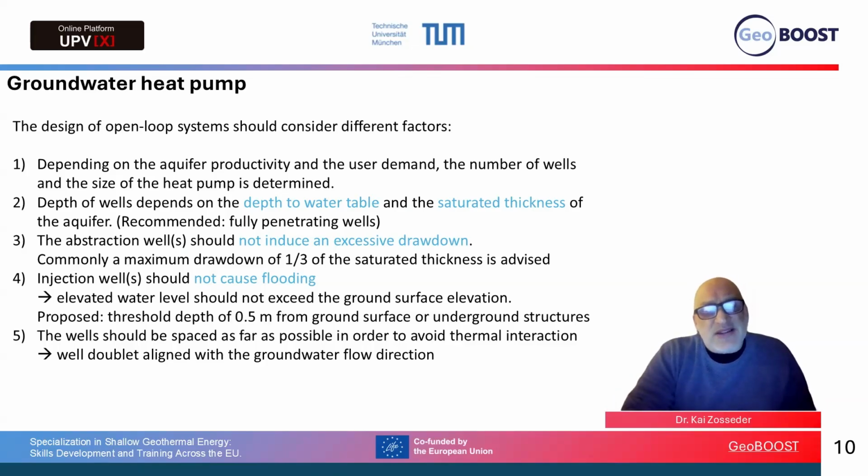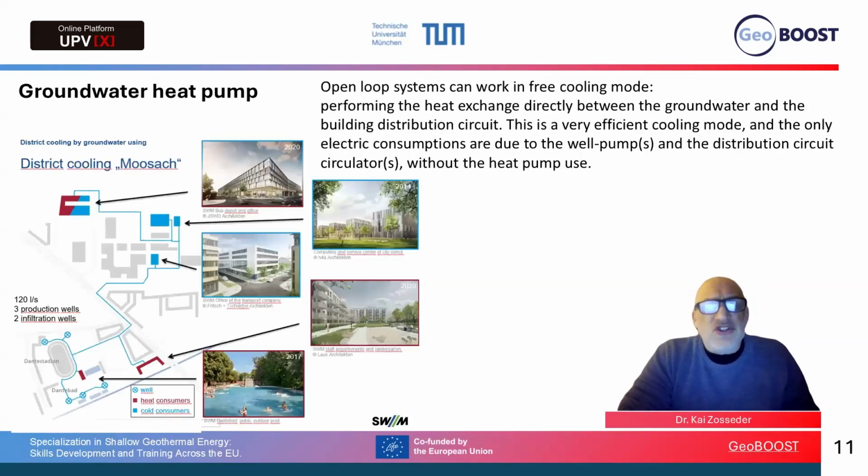And as I said before, the wells should be spaced as far apart as possible in order to avoid thermal interactions, so thermal recycling. Normally, if you have a large distance between production and injection, you can use the whole productivity of the aquifer. Of course, you can use groundwater also for cooling, which you see here.